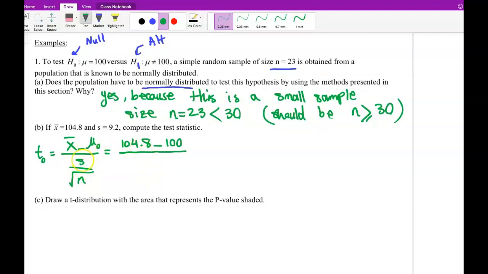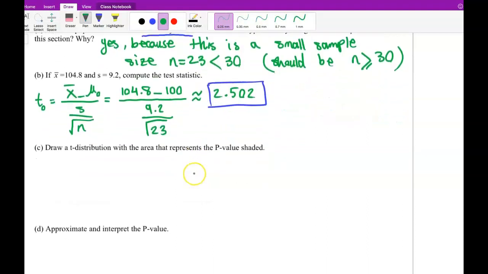Then sample standard deviation is 9.2 divided by square root of n, n is 23. Rounding this, the answer is 2.502. So that was the final answer for part B.